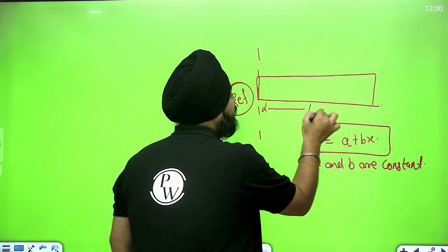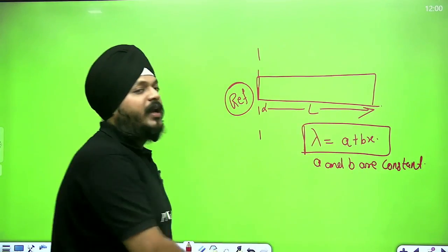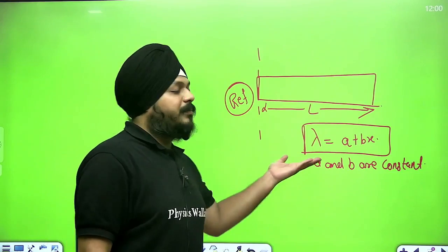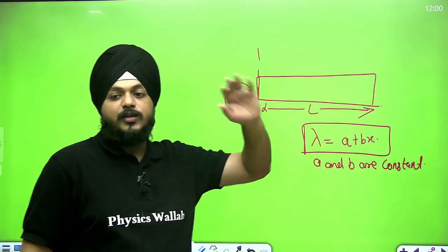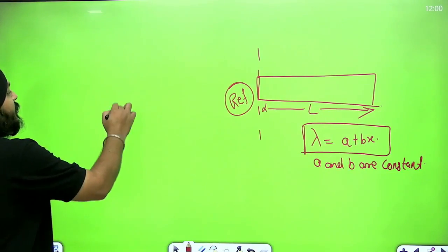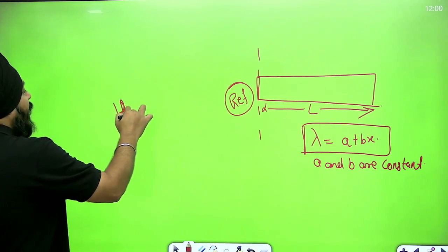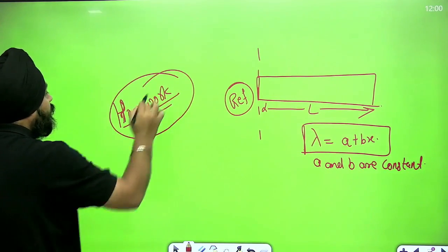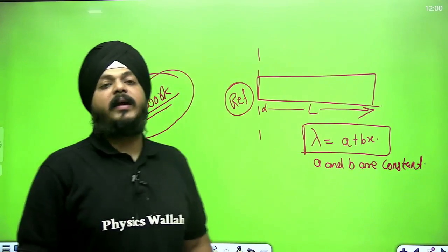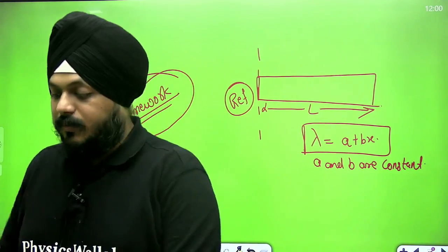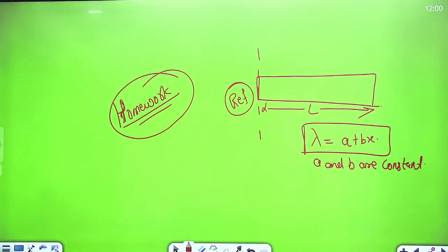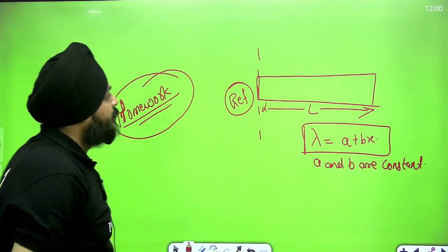Find the center of mass of this system of the rod having length L and non-uniform mass distribution, where the mass distribution varies with this equation. So guys, this is a homework from my side and you have to answer this homework question beneath the video. Yes or no, everyone?